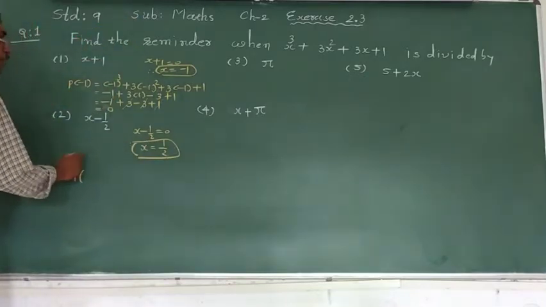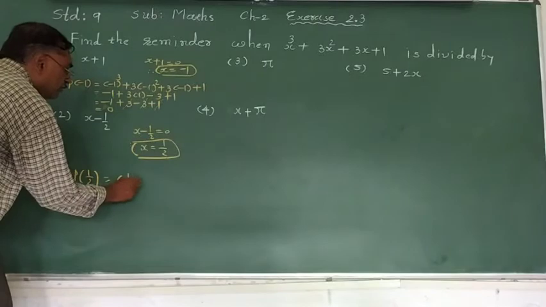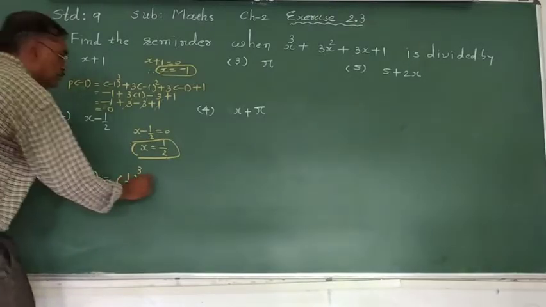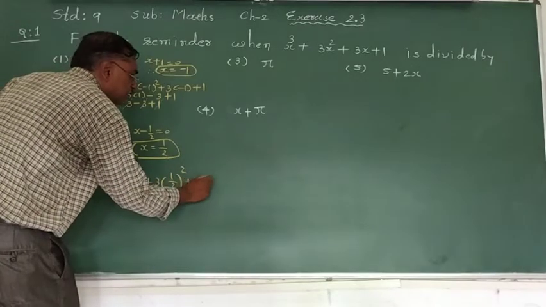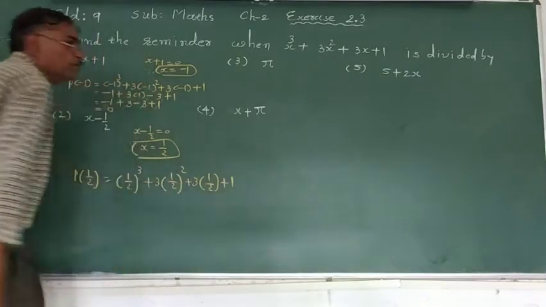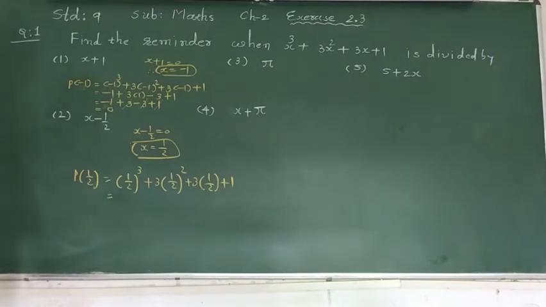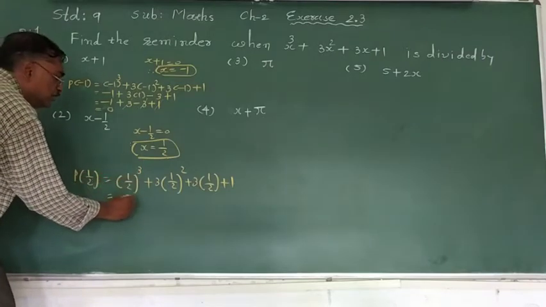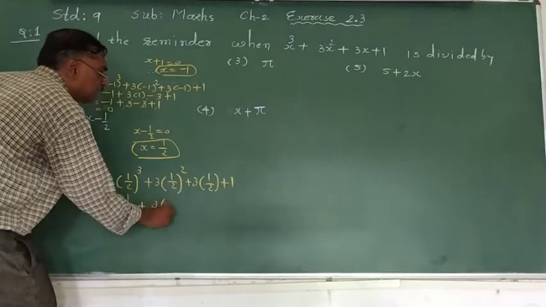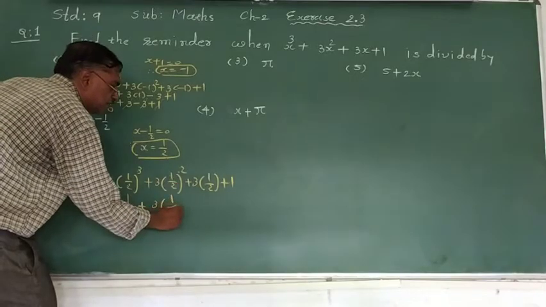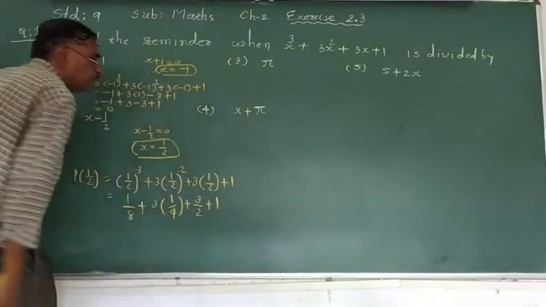So p of 1 upon 2 equals 1 upon 2 cube plus 3 into 1 upon 2 square plus 3 into 1 upon 2 plus 1. 1 cube is 1, 2 cube is 8, plus 3 into 1 square is 1, 2 square is 4, plus 3 ones are 3 upon 2 plus 1.